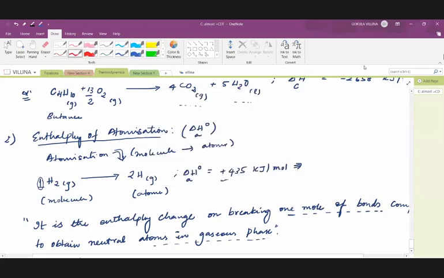In this particular case, the same delta H atomization is also treated as bond enthalpy, because we are breaking the bonds, right? In the process of breaking bonds, whatever energy is associated, we can get.